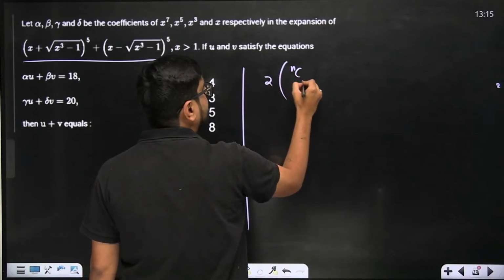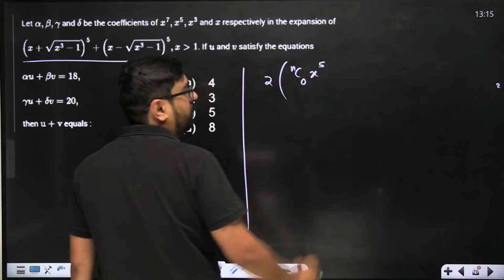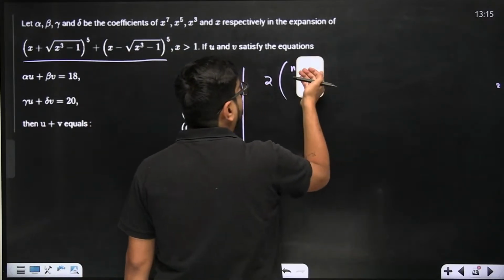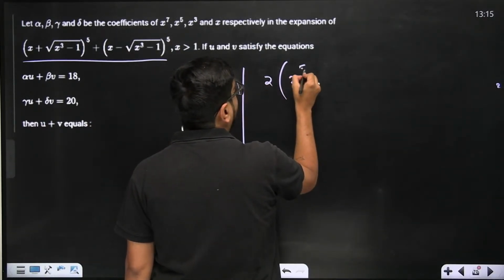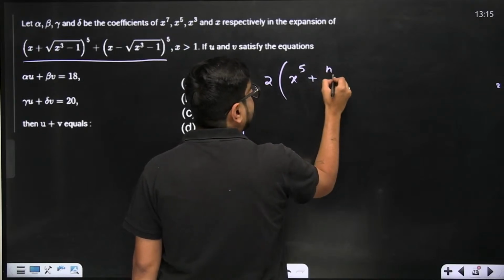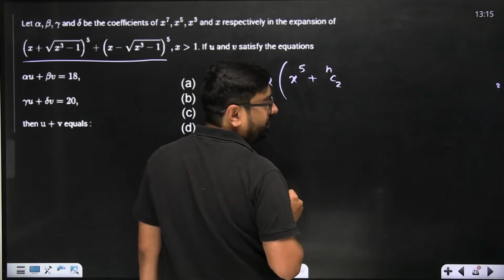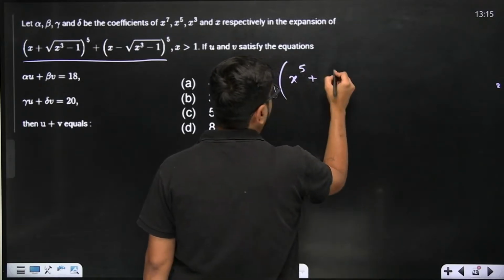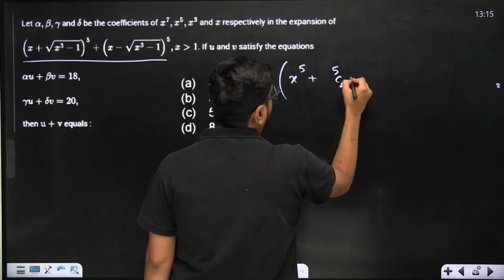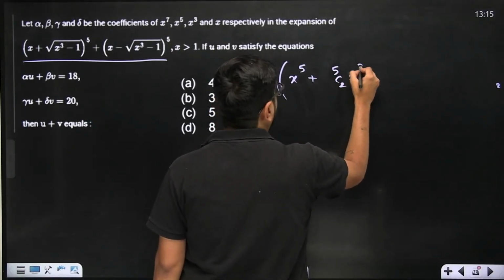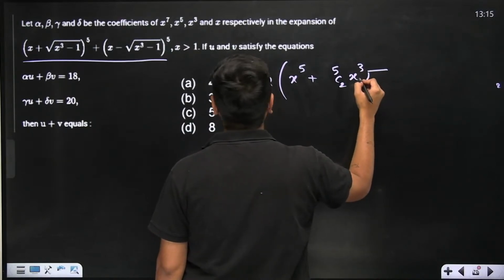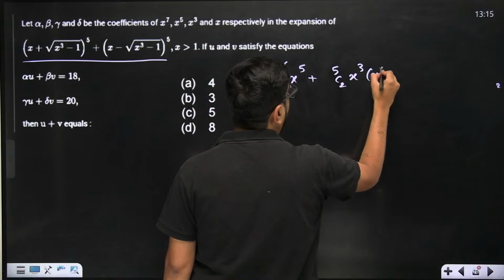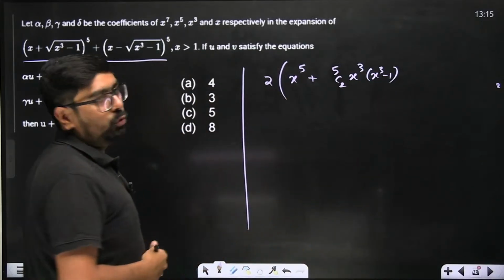Even terms means 5C0 x to the power 5 will come 2 times, let's write it as x to the power 5 only, plus 5C2 will come. 5C2 x to the power of 3 and this root to the power of 2. Root to the power of 2, can I write it as x cube minus 1 only? Root square, right?